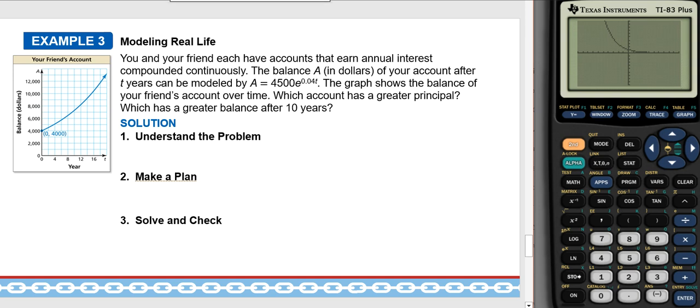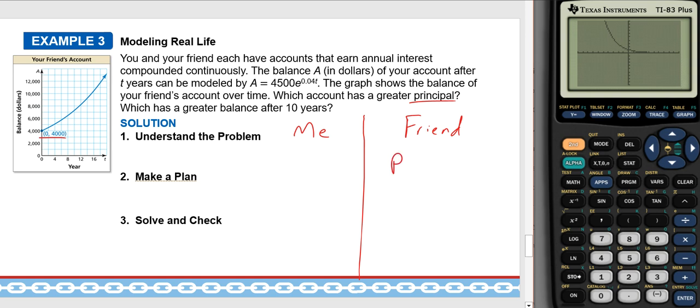They want to know who has the greater principal, right? So I would probably just divide my workspace here into a couple of sections. Here's me based on the formula, and then here's friend based on the graph. And the first question is who has the greater principal. So for my friend, we see here this 0, 4,000 point.